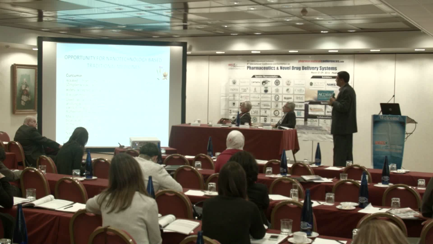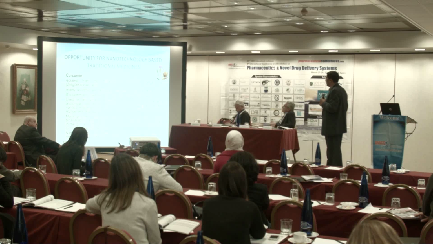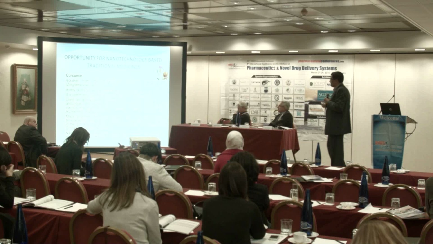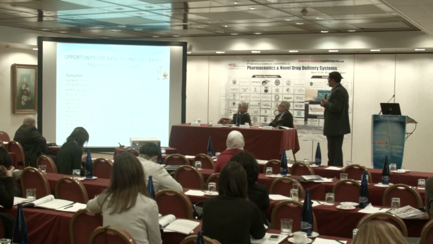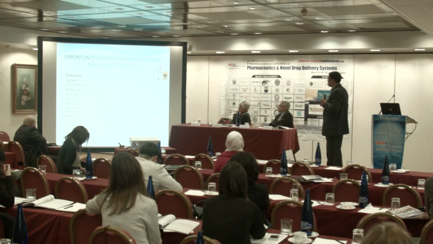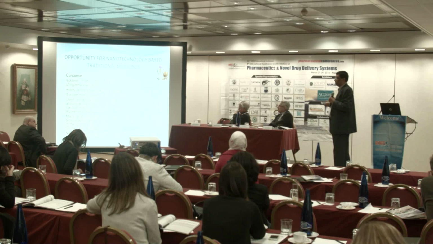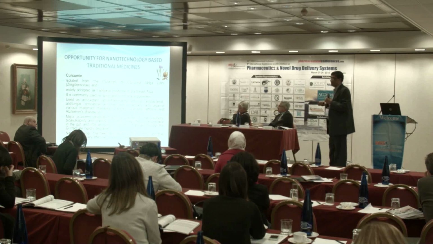It is used as an antioxidant, anti-inflammatory, antiviral, and even in cancer, diabetes and cardiovascular diseases. The major problems associated with curcumin are solubility, bioavailability and stability. These three problems, as you know, nanotechnology can solve easily.